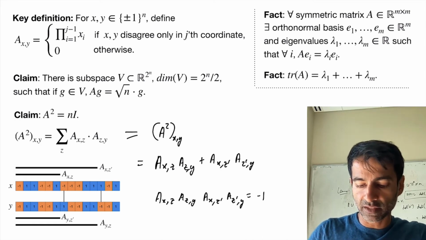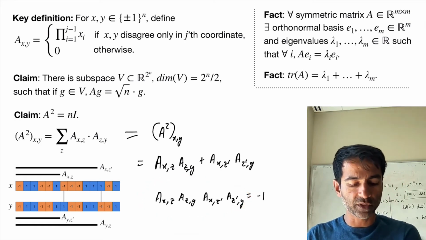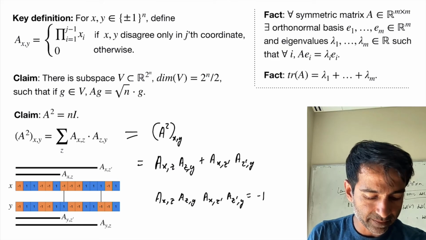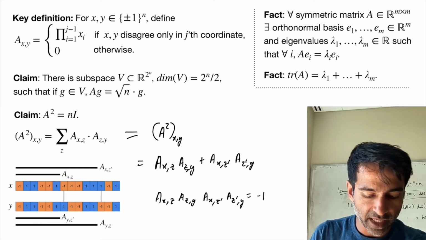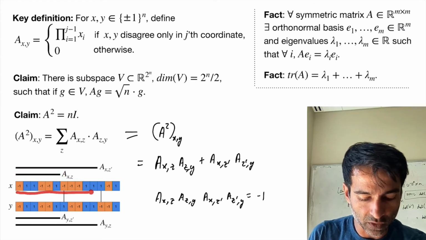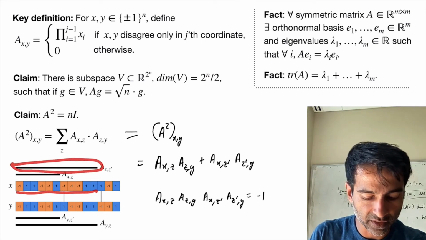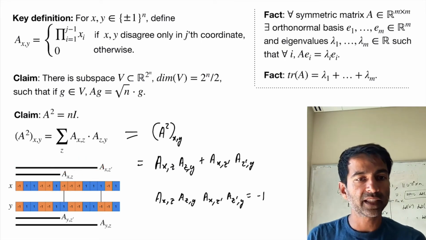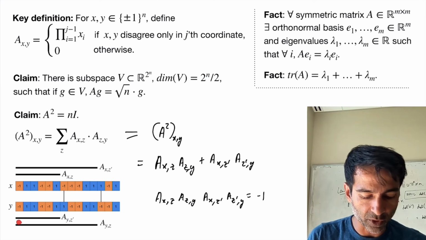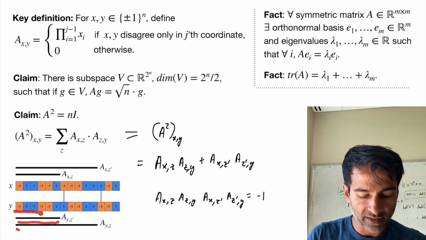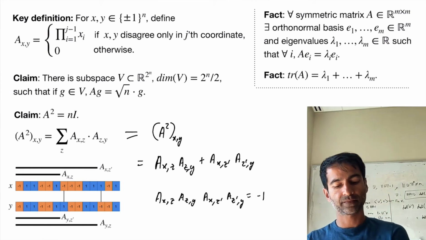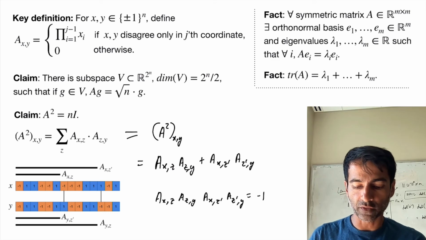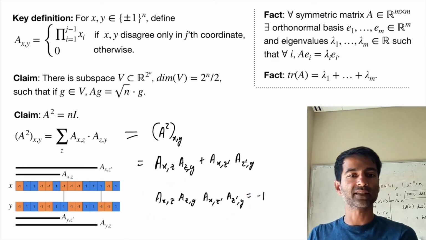And that's because if you look at this product of all 4 of these numbers, what is a_xz? a_xz is the product of these numbers, which corresponds to this bar here. a_xz' is the product of all of these numbers, corresponding to this bar. Similarly, a_yz' is the product of these numbers and these numbers, and a_yz is the product of these numbers. When you take the product of all of these numbers, what happens?